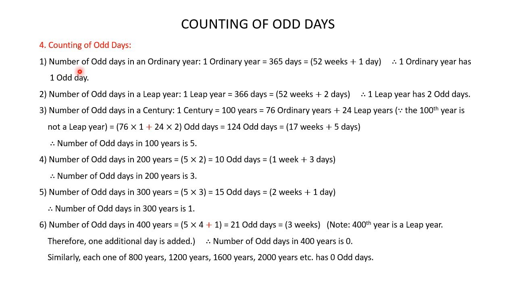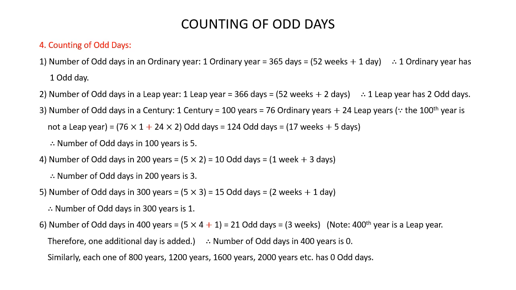Number of odd days in an ordinary year. Now we know that one ordinary year has 365 days. Now to find the number of odd days, you have to divide 365 by 7. When you divide 365 by 7, the quotient will give you the number of weeks and the remainder will be the number of odd days.